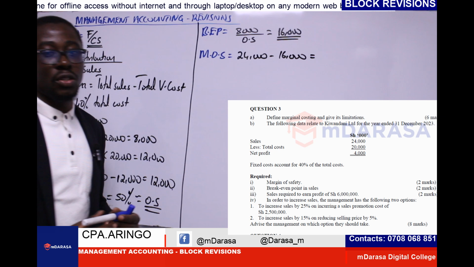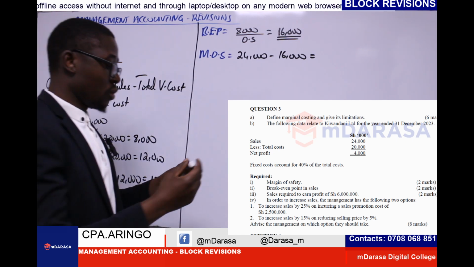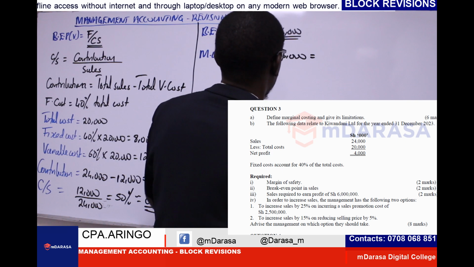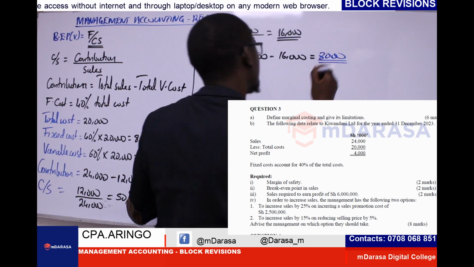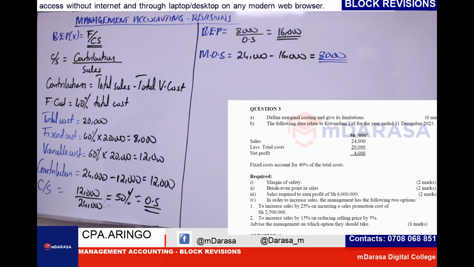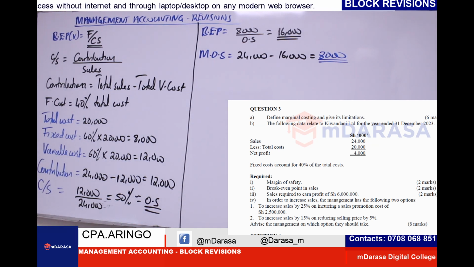Therefore, our margin of safety will be 24 minus 16, which is giving us what? 8. So our margin of safety, all of us, you can agree, I'll be having 8,000 there. Very important. So in that case, we've literally handled part 2, which you are told to determine the break-even point in sales and margin of safety.